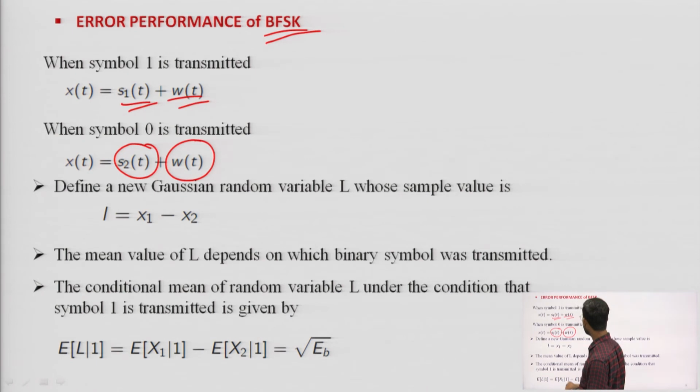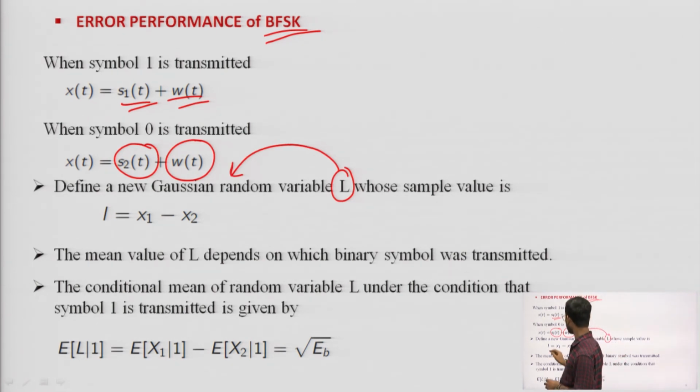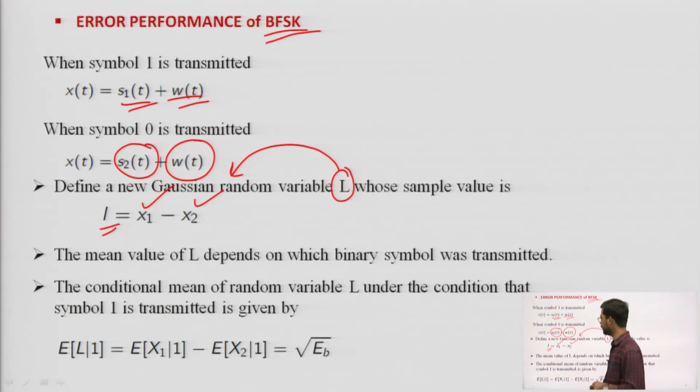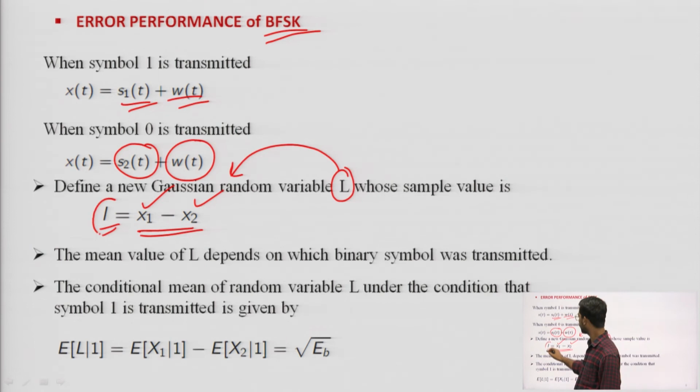Now I can define a random variable L, which is Gaussian in nature, whose sample value is small l, which is nothing but the difference between x1 and x2. The mean value of L depends on which binary symbol was transmitted.